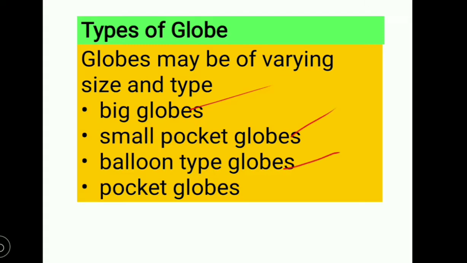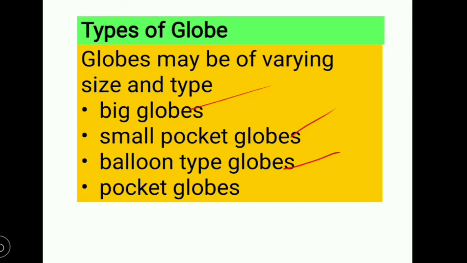And small globes are also available. We can easily handle those, and we can carry them from place to place, and they can be inflated and are handy and carried without any disturbance. We can carry all these types of globes very easily.